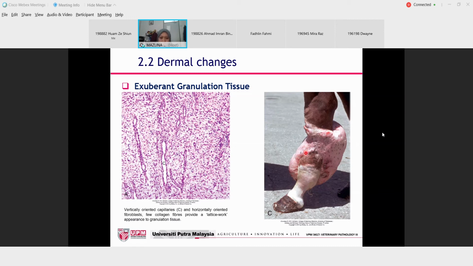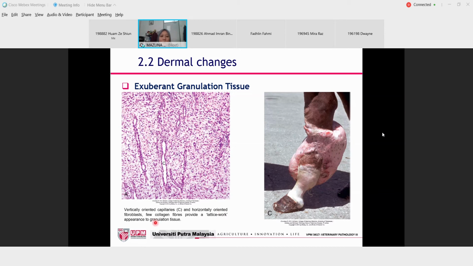Histologically, what you see is vertically oriented capillaries, the blood vessels, because you need blood vessels for tissue healing, right? And then you can always see horizontally oriented fibroblasts. Fibroblasts are spindle cells, okay?